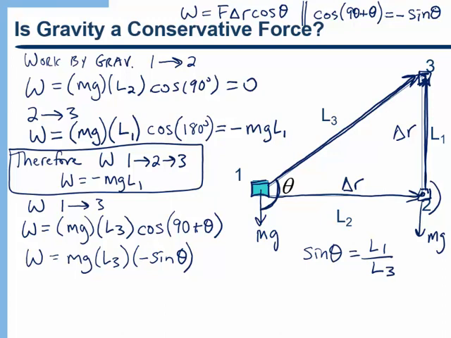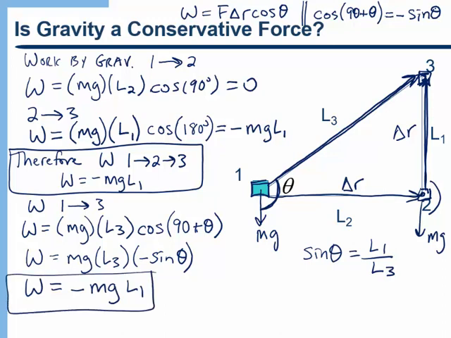So L3 sine theta is L1. And therefore, I can rewrite this as negative mgL1. And so the work done by gravity, whether this block was moved over our first path or over our second path, was the same. And therefore, we conclude that gravity is a conservative force.